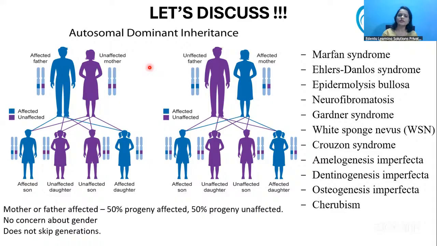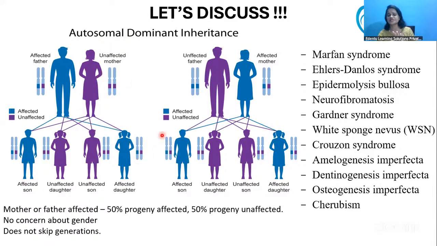Okay, so in the autosomal dominant inheritance, if there is one affected parent, then 50% of the progeny will be affected. Just one affected parent is there, but out of 4 children, 50% will be affected and 50% will be non-affected. So this is the autosomal dominant pattern of inheritance.